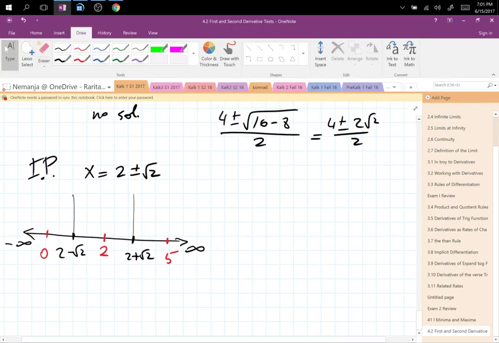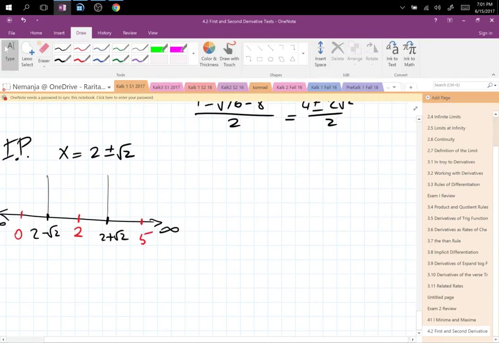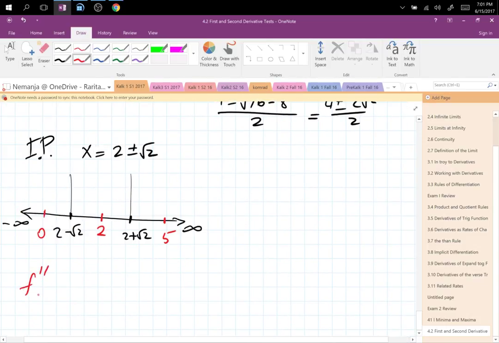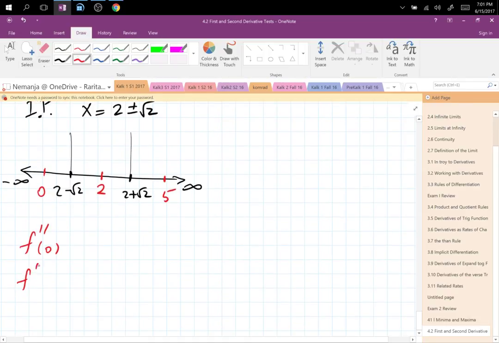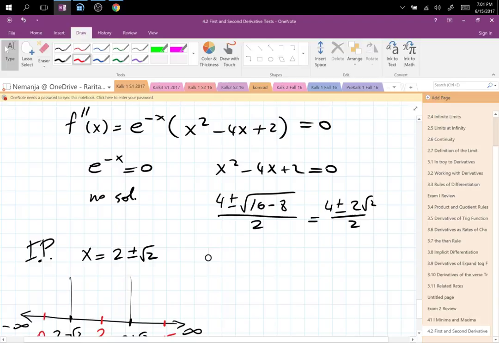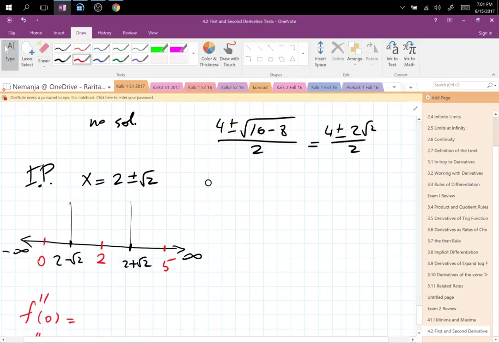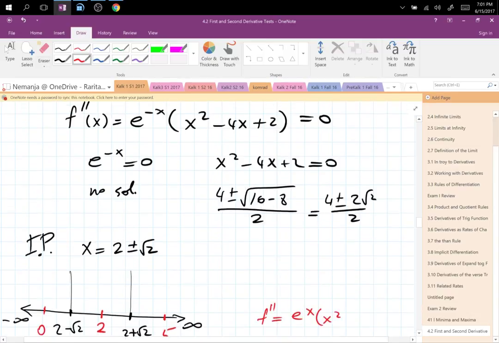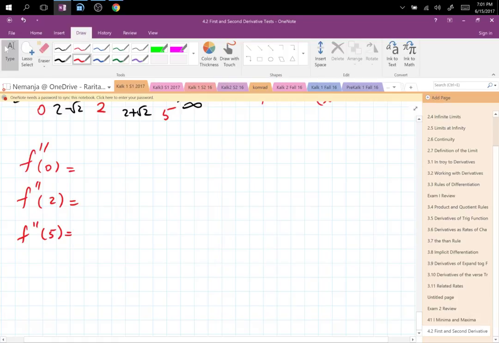You plug these test values into the second derivative: the second derivative computed at 0, at 2, and at 5. Now the second derivative was e to the minus x times x squared minus 4x plus 2.